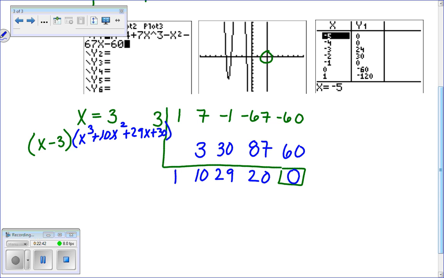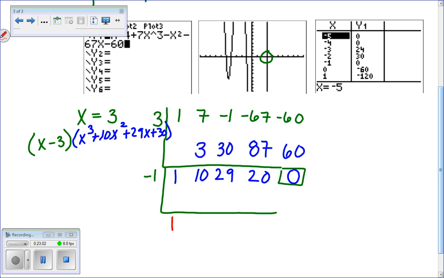Okay, but we're not done yet. What we can do is synthetic division again with another one of our zeros. So another one of our zeros is -1. Okay, so again, drop down the 1. Let's use a different color.